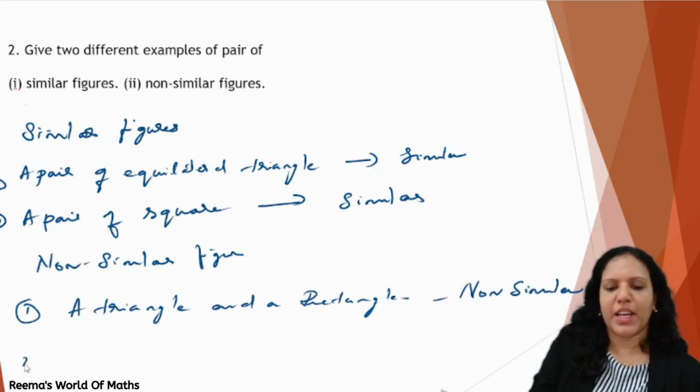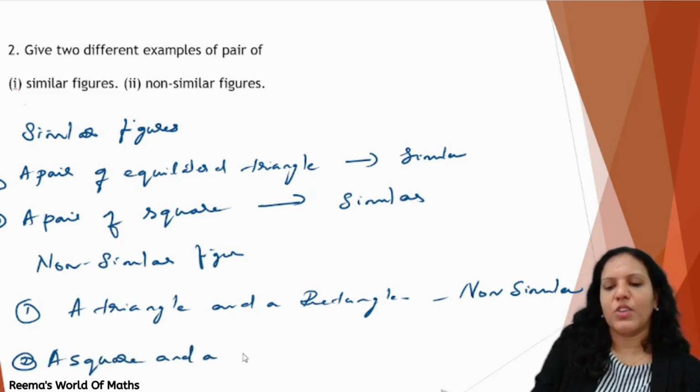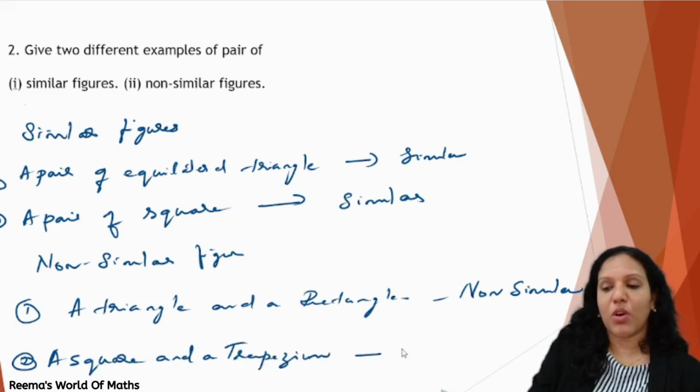And another pair can be a square and a rhombus or trapezium. Let's say trapezium. A square and a trapezium will always be non-similar, right?